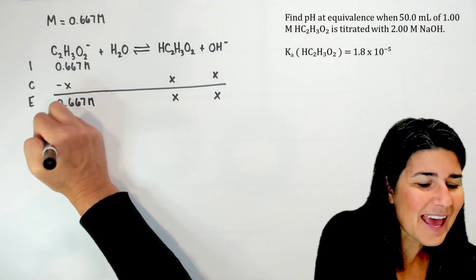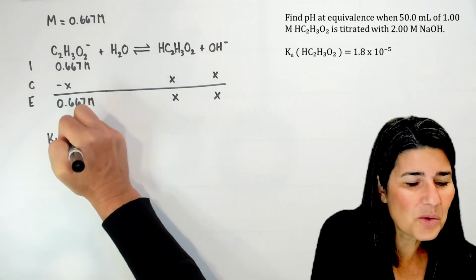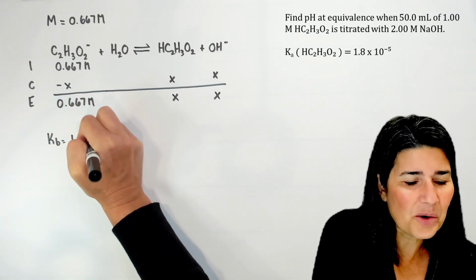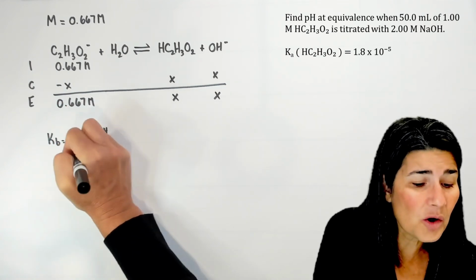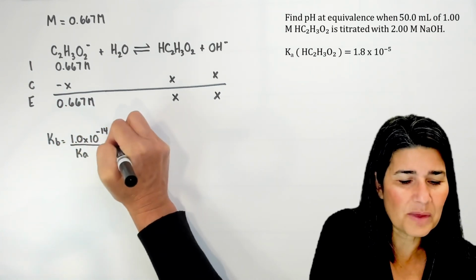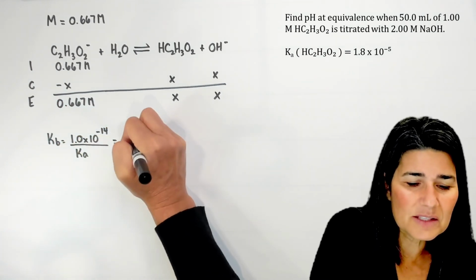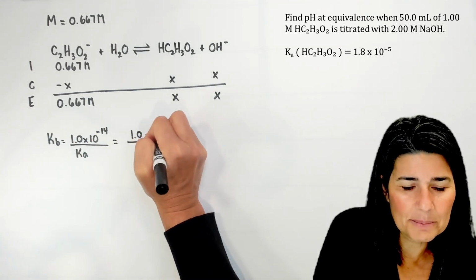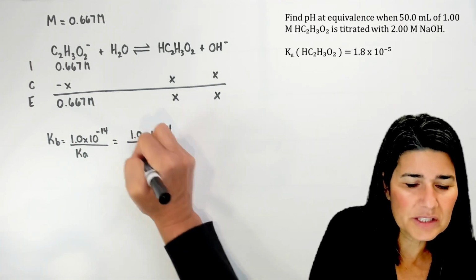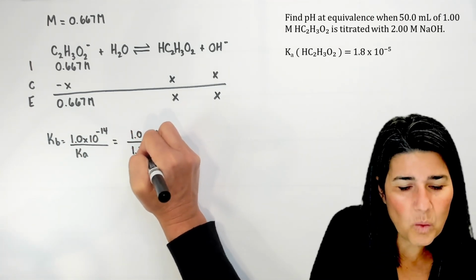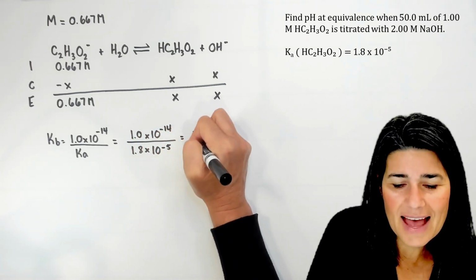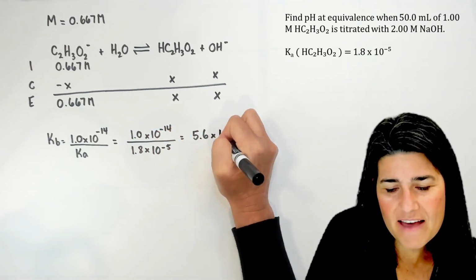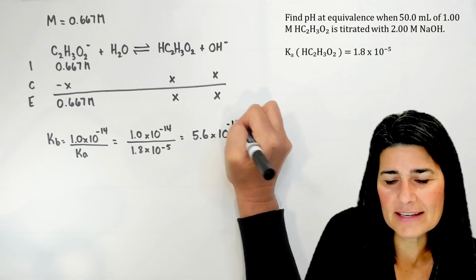So your KB is going to be 1.0 times 10 to the minus 14th all over the Ka value they gave you, 1.8 times 10 to the minus 5. That gives you a value of 5.6 times 10 to the minus 10.